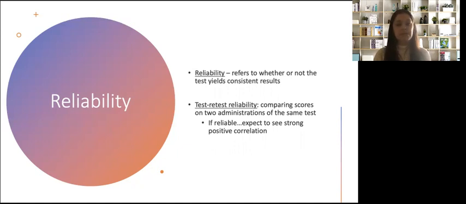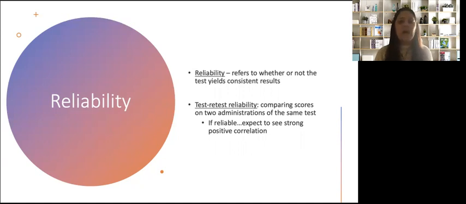The individual takes the same test twice, and if the test has high reliability, which is what we want to see, we would expect to see a strong positive correlation between the two scores. A 1.0 would be perfect correlation, right? You would see the exact same score on both tests that they took, though you might not see a perfect correlation.